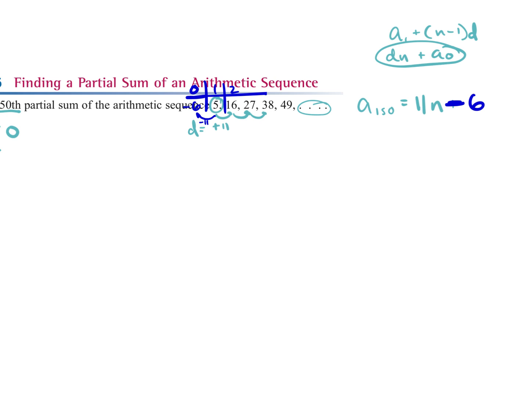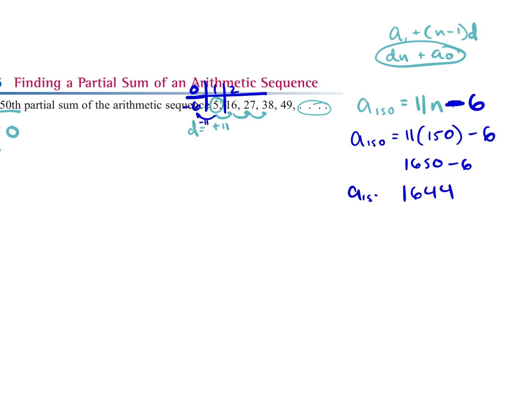So to find our 150th term, we're going to plug in 150 into our formula here. So a sub 150 is equal to 11 times 150 minus 6. 11 times 150 would be 1,650, minus 6 would be 1,644.